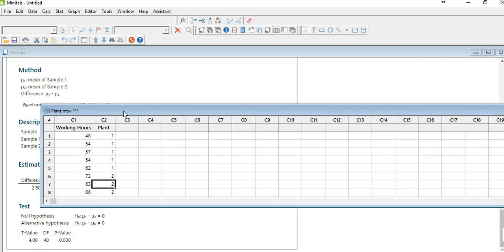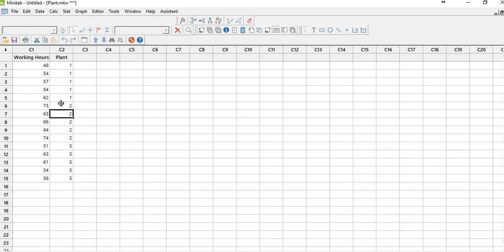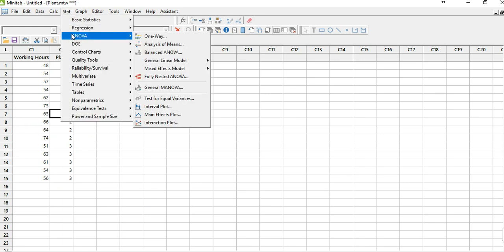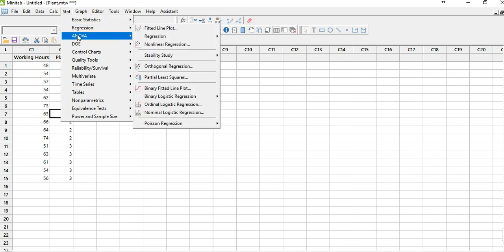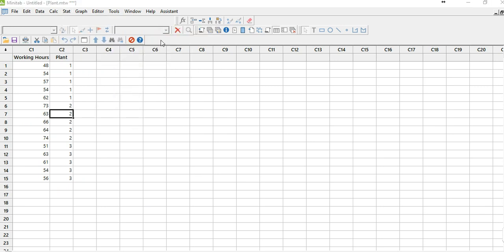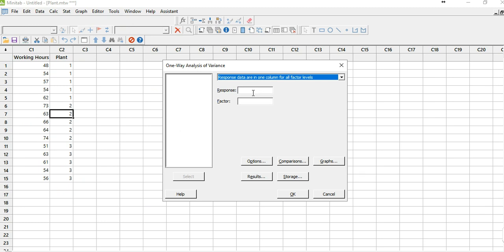You have working hours, and then you have 3 plants. Go to Stat, ANOVA, One-Way. The response should be work hour, and the factor is plant.